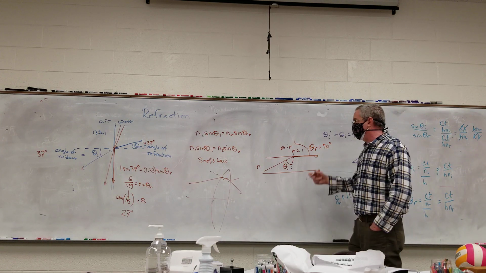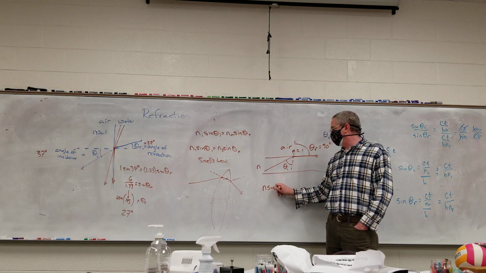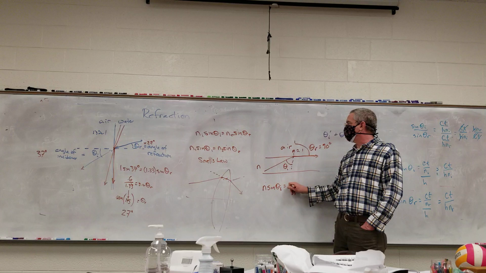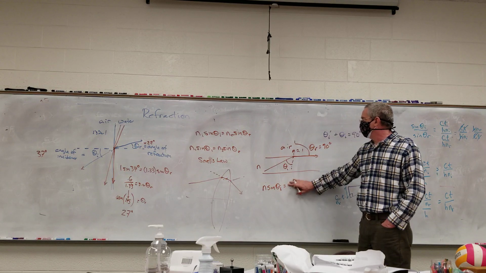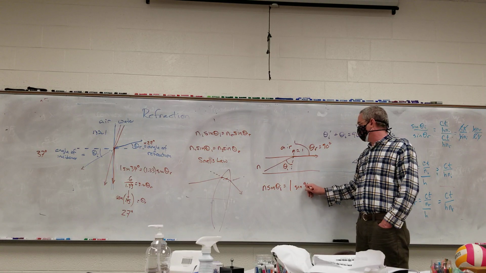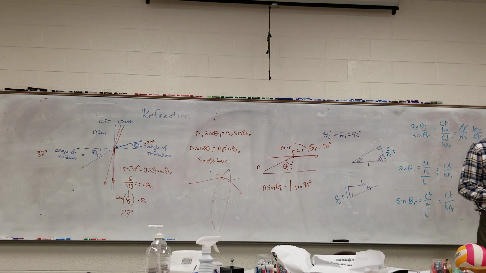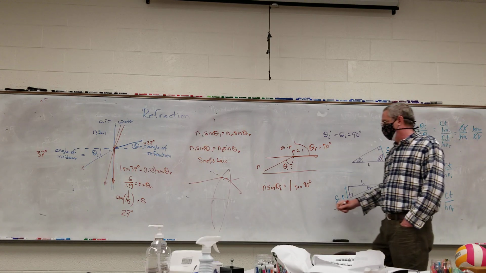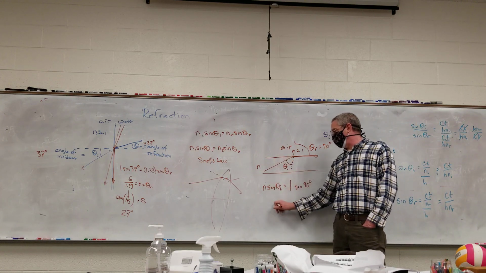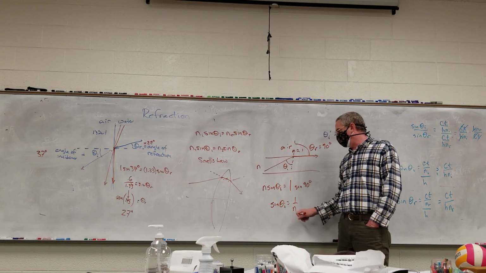So plugging into Snell's law, I have n sine of theta sub i is equal to, since I'm making this air, 1 times the sine of 90 degrees. And what's the sine of 90 degrees? 1. And so if this is bathed in air, then the sine of theta i is just 1 over n.